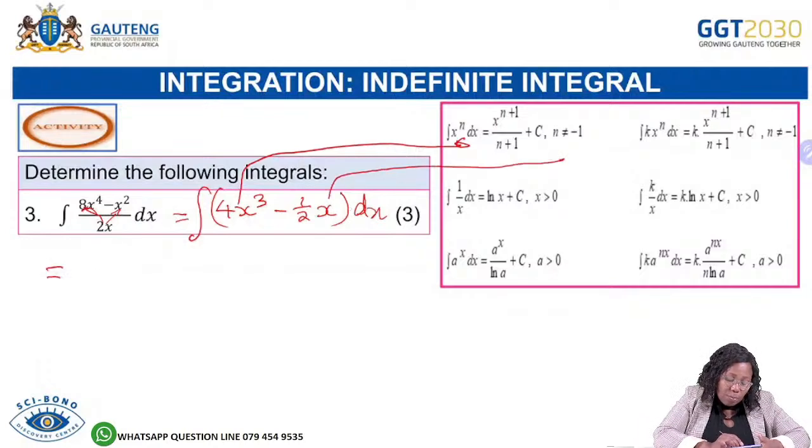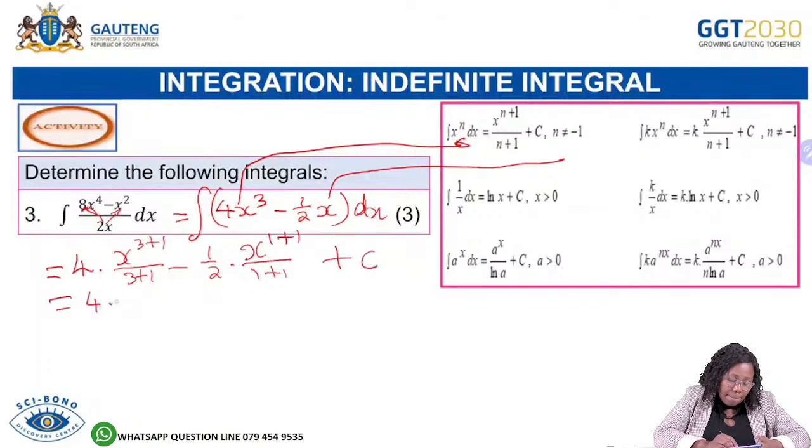So your answer will be what, grade 12? 4 constant, and then it's x to the power 3 plus 1 over 3 plus 1. And then this one minus half, multiply constant, okay, x to the power 1 plus 1 over 1 plus 1. And then remember your plus c, that is 4, multiply by x to the power 4 over 4, minus half, multiply by x squared over 2, plus c.